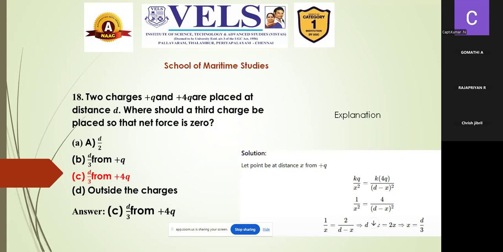K and Q will be cancelled. We can write 1 by x square equal to 4 by d minus x whole square. 1 by x is equal to 2 by d minus x. From this equation, we can find d minus x. d minus x is equal to 2x. So x is equal to d by 3. The option is C.